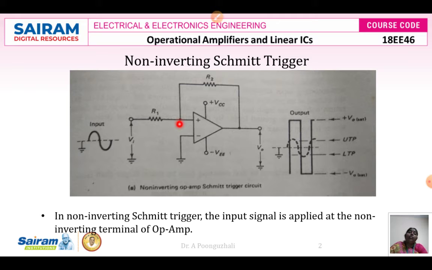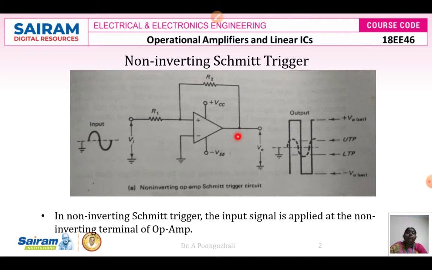So if there is a small negative voltage at this point because of the offset voltage, my output voltage will also be negative. When the output voltage is negative, the output of the operational amplifier is at negative saturation, so it will be at minus Vsat.